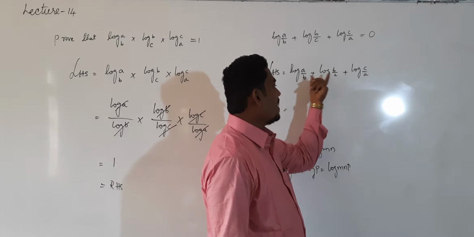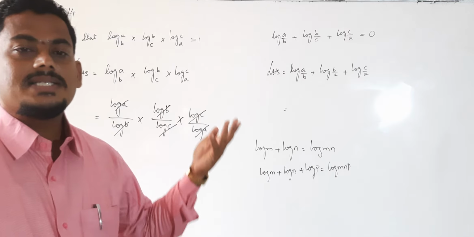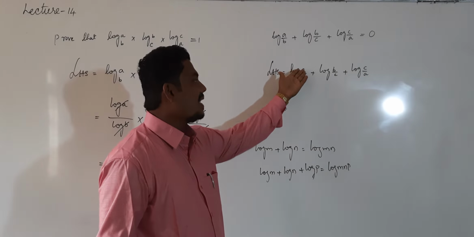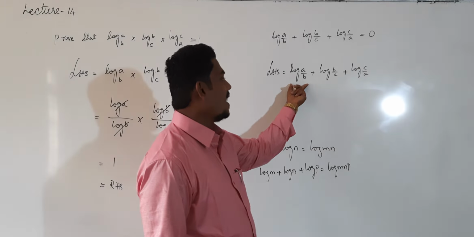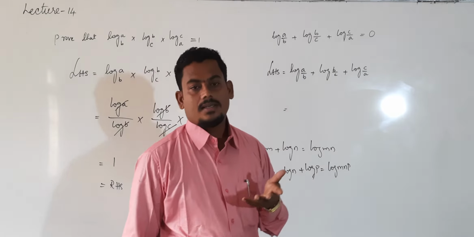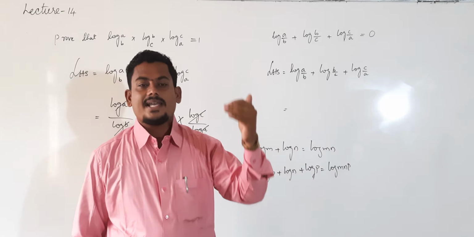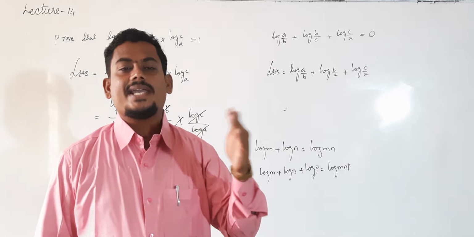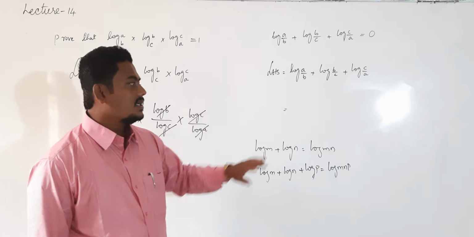Apply log m plus log n formula, or else you can use log m by n formula also. For each term apply log m by n formula. We can solve this problem in 2 methods, by using log m by n formula and log m plus log n plus log p formula.